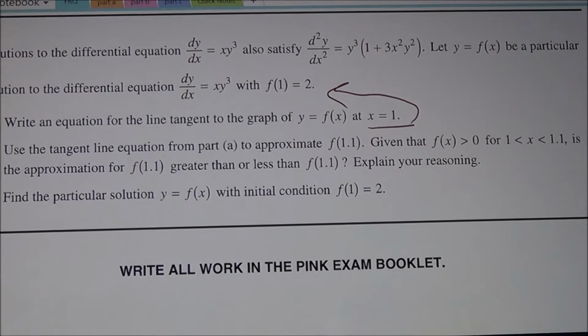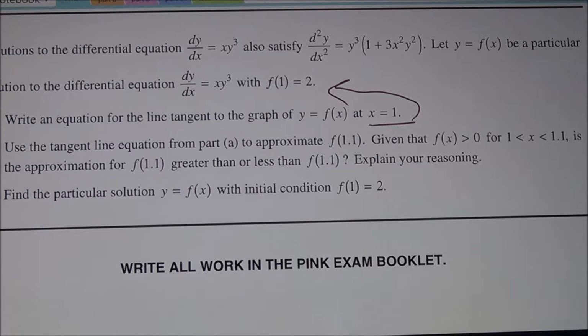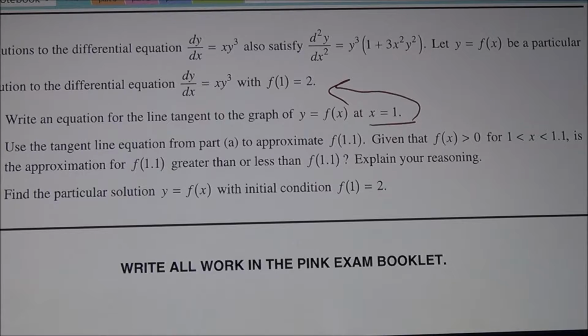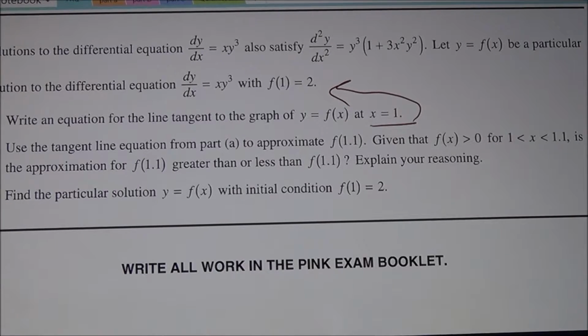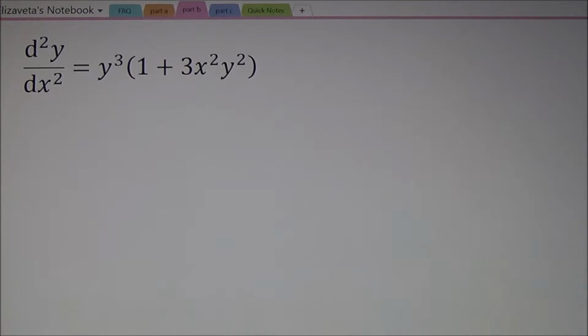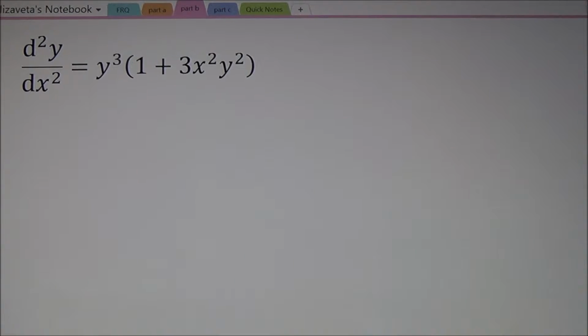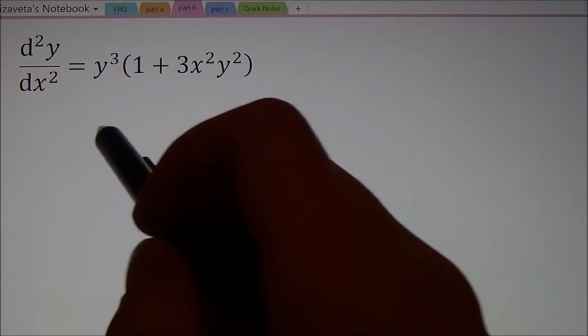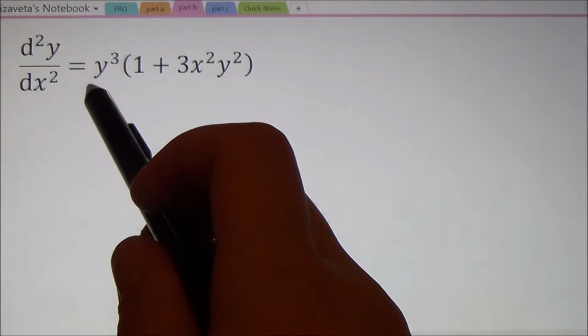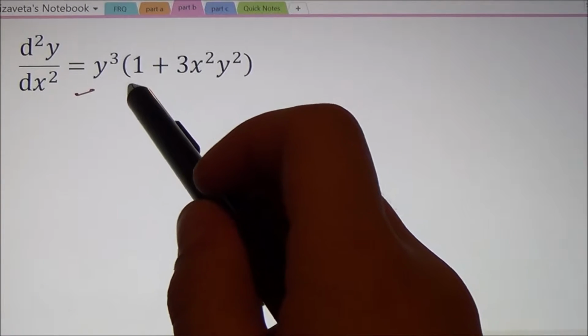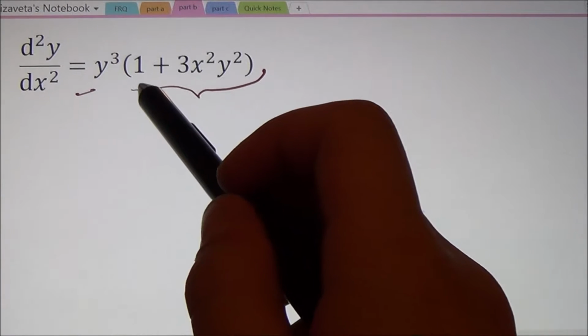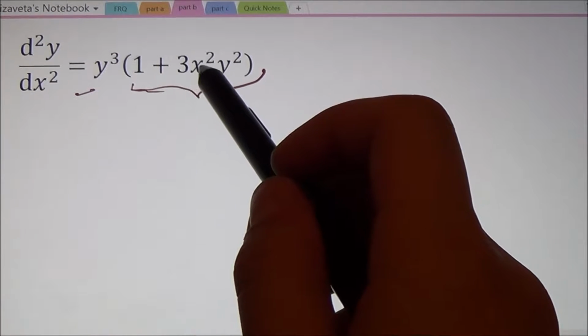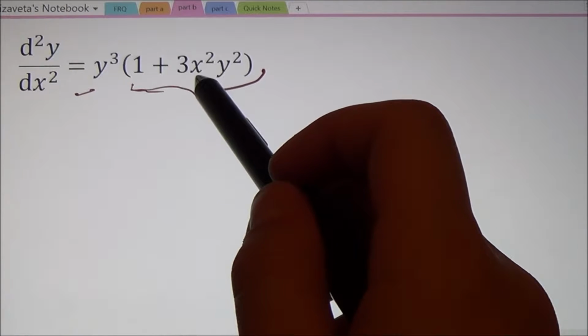The next part is asking us if the approximation for f(1.1) is greater than or less than f(1.1) itself, and then it asks to explain your reasoning. For this we're going to use the second derivative to find out the concavity of the function. Since the sign is positive, and in the parentheses everything is going to be positive, because even if x is negative, x squared is always positive.